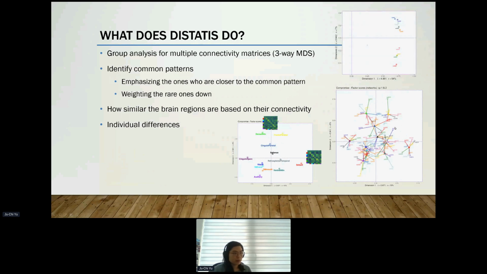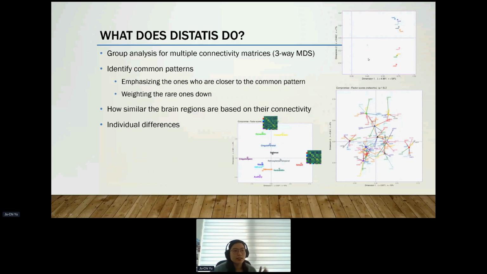Another thing from DiSTATIS is that it measures the RV coefficient between these tables. The RV coefficient is similar to the correlation coefficient between two variables, but now you think about it as a correlation coefficient between tables.